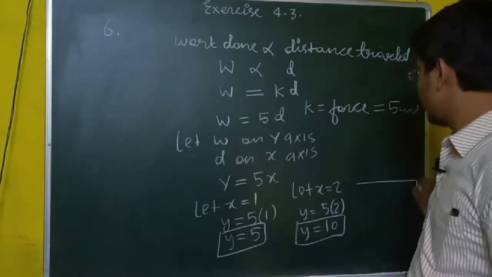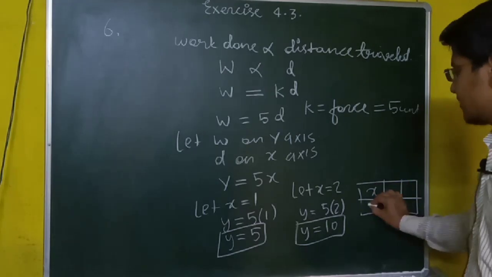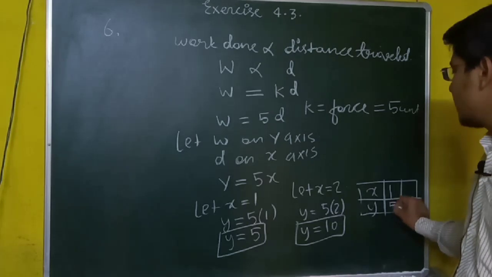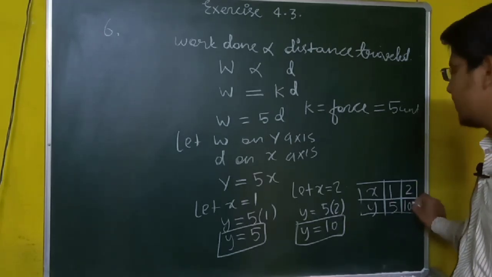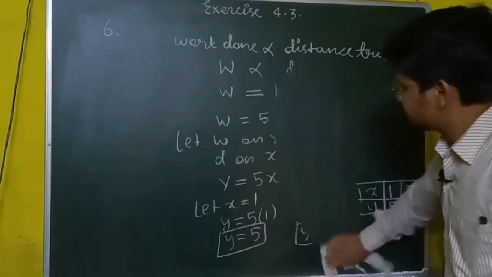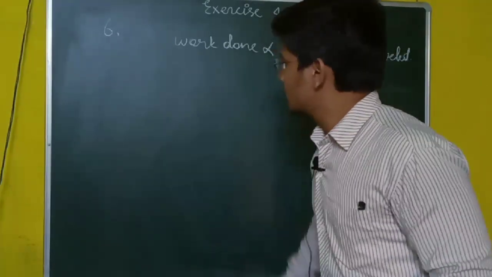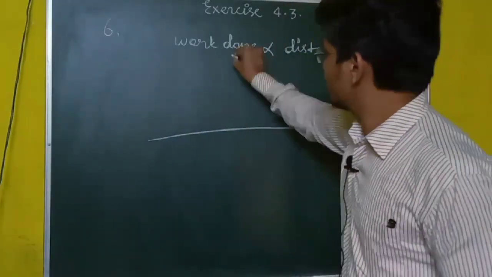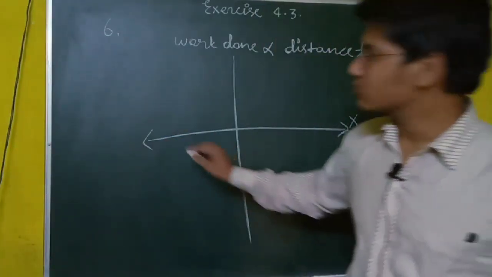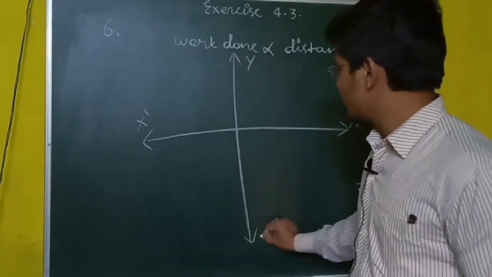Now we will draw one table, x and y. In place of x we have taken 1, so y came 5. In place of x we have taken 2, so y came 10. With the help of this table we will draw one graph. This will be known as x-axis, so x, x dash, and this will be known as y-axis, so y and y dash.